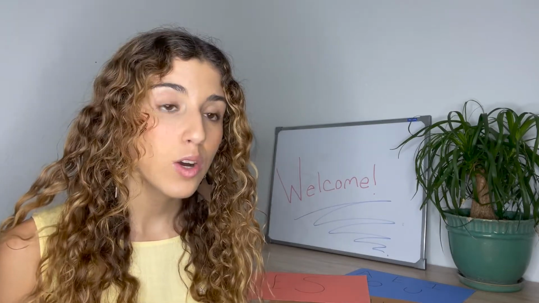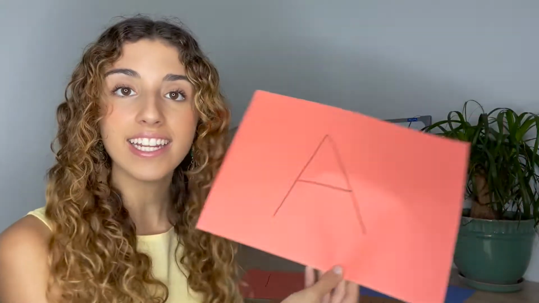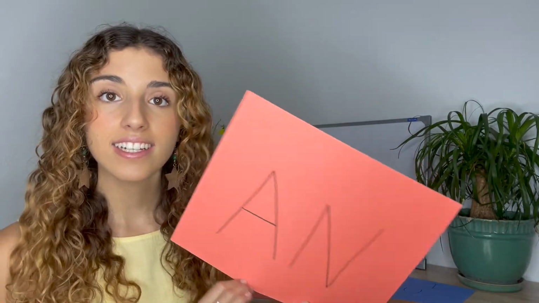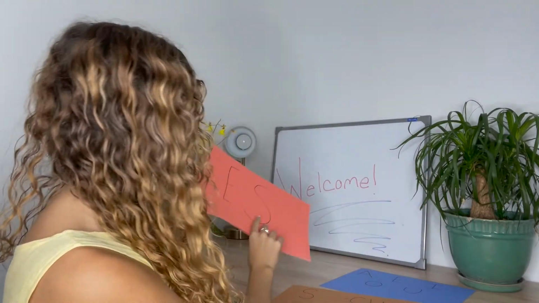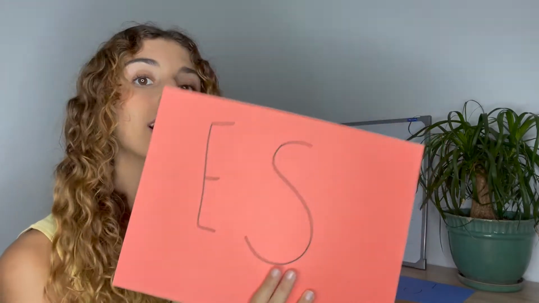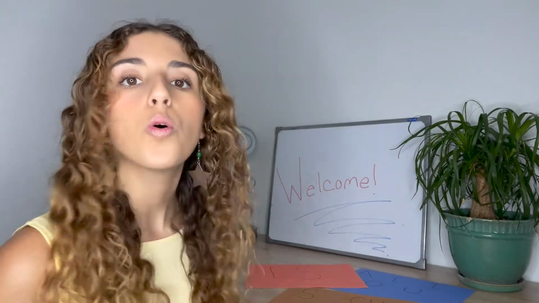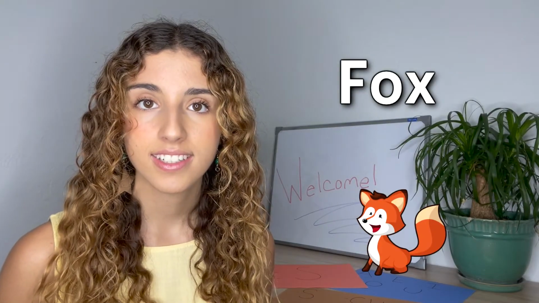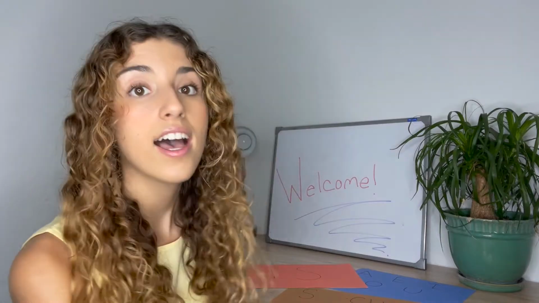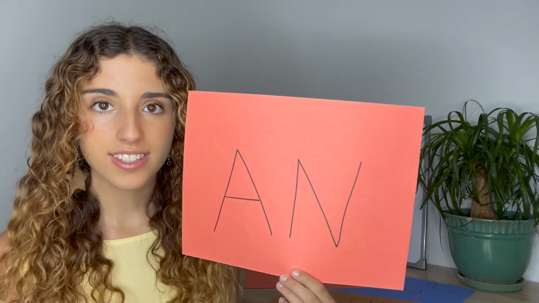I'm going to give you a noun and I want you to tell me if we add an A or an AN in the beginning, and if we need to add an S or an ES at the end of the word. So, what do we do with the word fox? Is it a fox or an fox?